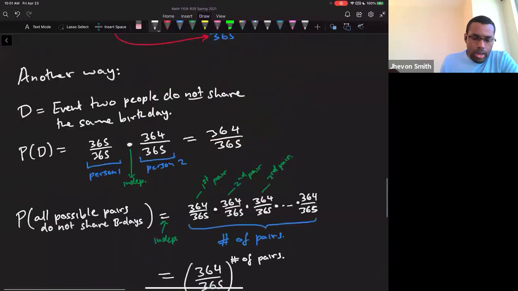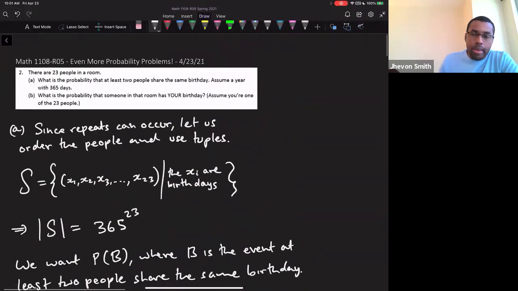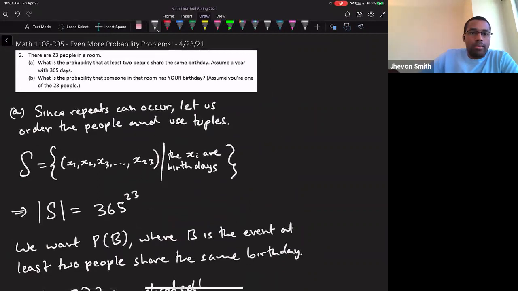Now, once you've gone through the trouble of figuring out part A, part B is not that hard if you just see the trick. What is the probability that someone in the room has your birthday? It means now that your birthday is separated from everyone else. You're one of the 23 people, but now you are separated, and you're measuring yourself against all the other 22 people.